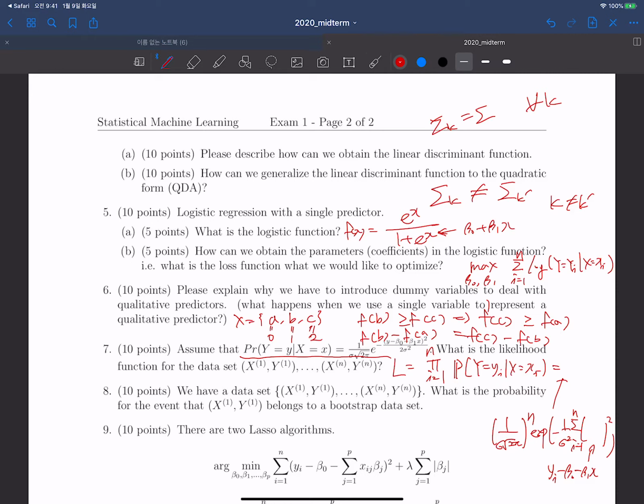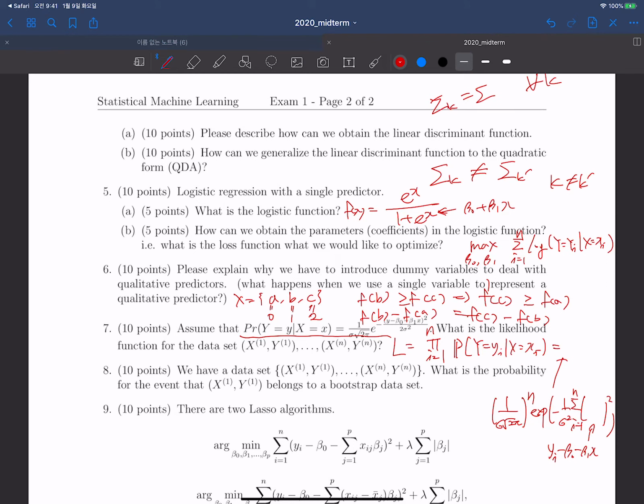Okay. The next question is, we have a data set x1, y1, x2, y2 up to xn, yn. What is the probability for the event that x1, y1 belongs to a bootstrap data set? So what is bootstrapping? Bootstrapping means at each time we make random sampling with replacement, which means at each time this particular data point is selected with probability 1 over n.